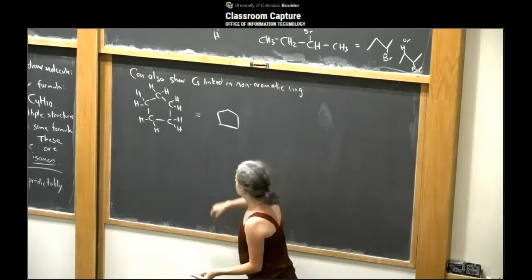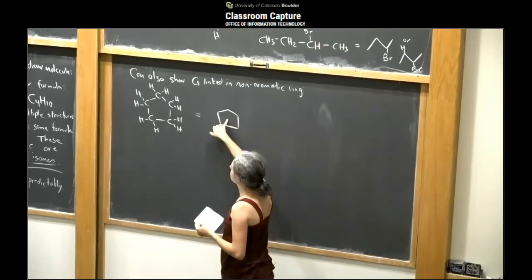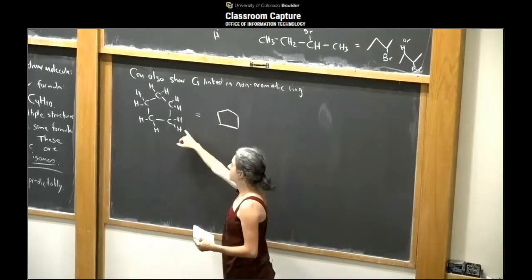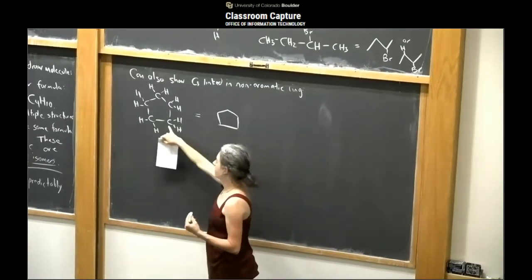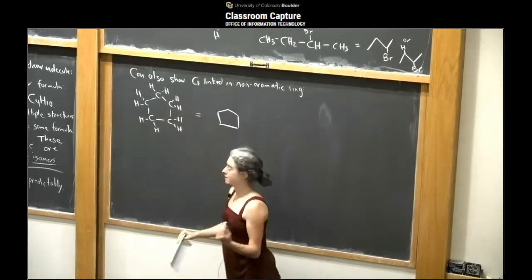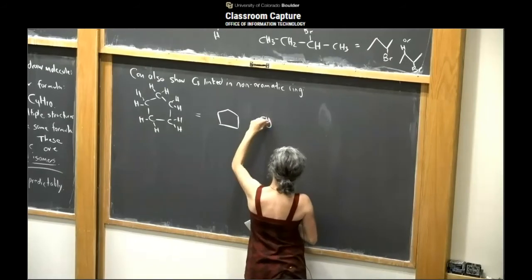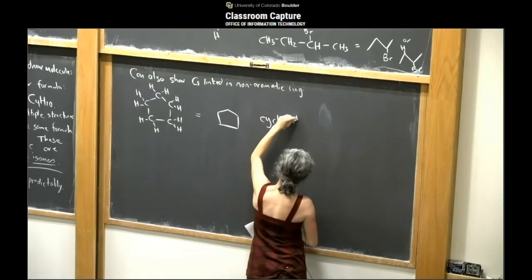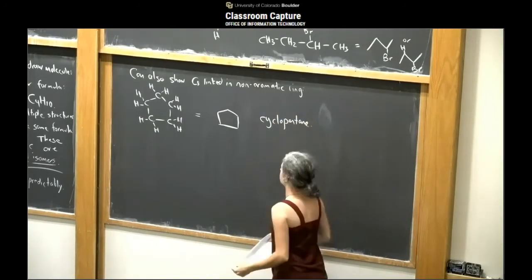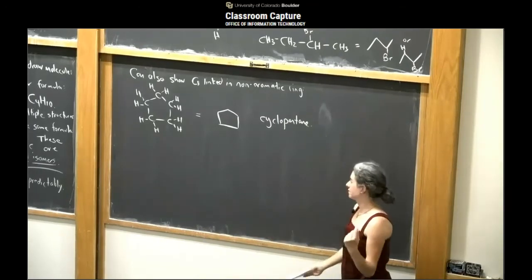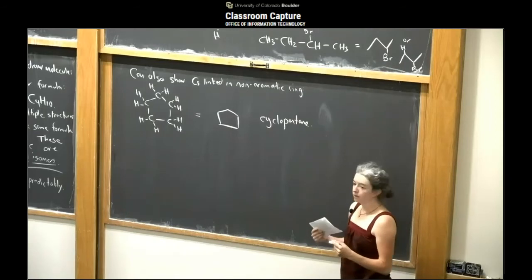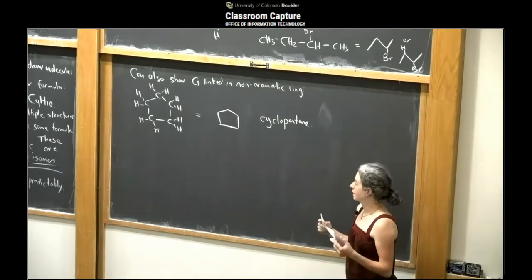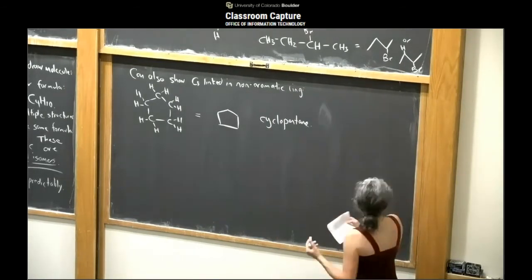As a side note, these alkanes are called cycloalkanes. And this one, because it's got 5 carbons, happens to be cyclopentane. So they're named after whatever has the same number of carbons, just with cyclo at the front. We'll see a little bit more about how to name stuff in a minute or two.